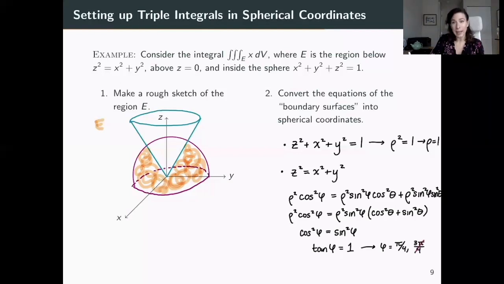We can eliminate 3 pi over 4 because we know that our z variable has to be bigger than or equal to 0. So this leaves us with phi being equal to pi over 4. The cone can be represented by just phi equal to pi over 4 in our spherical coordinates.